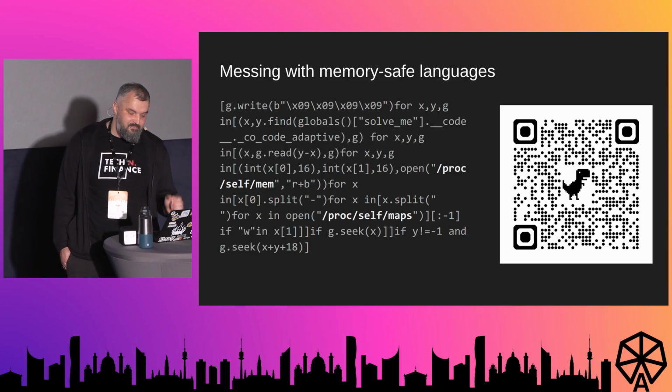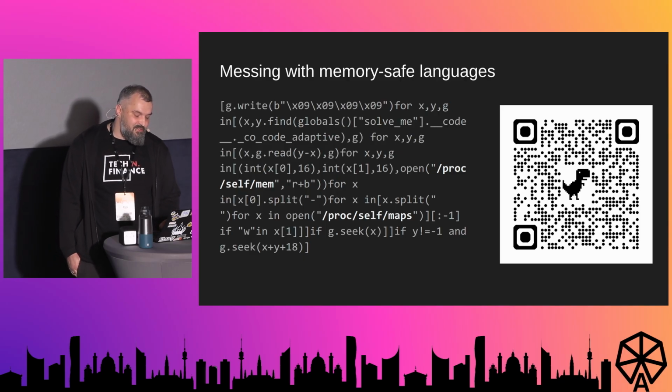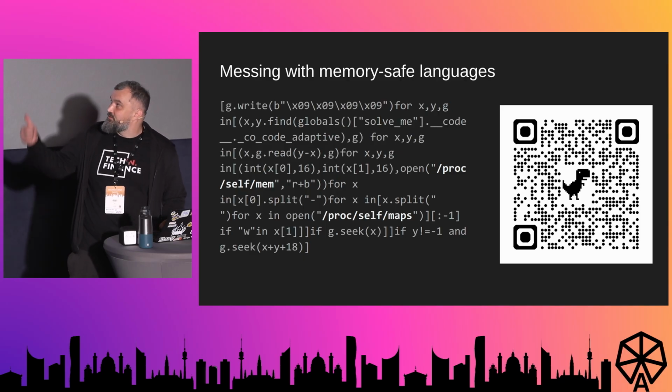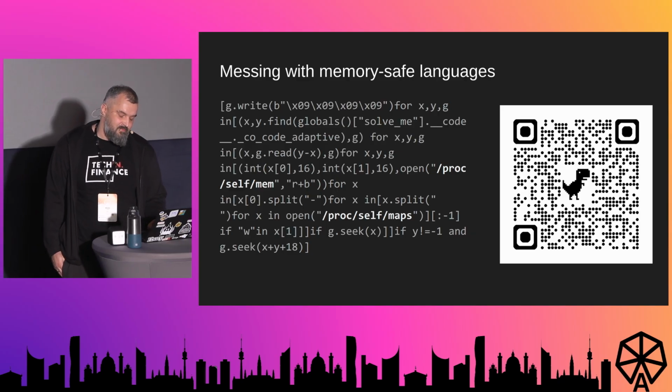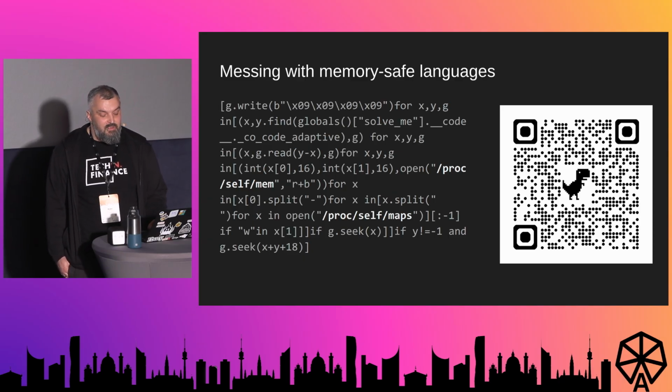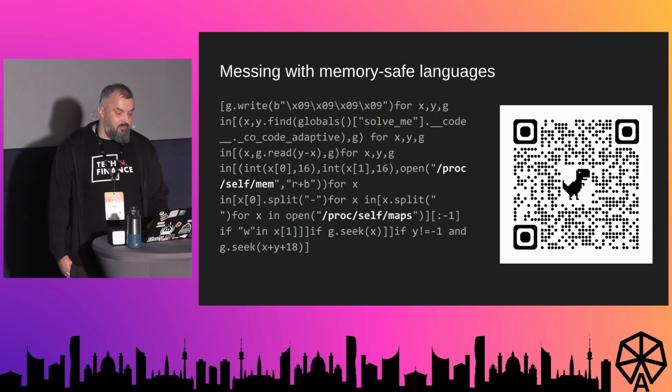There's also, if you want, you can go to this link, which links to some other talk I did. You can also use these self/mem and self/maps to mess up memory, even in memory-safe languages. The specific example uses Python. In Python, you can't do raw memory access; the language protects you from that.